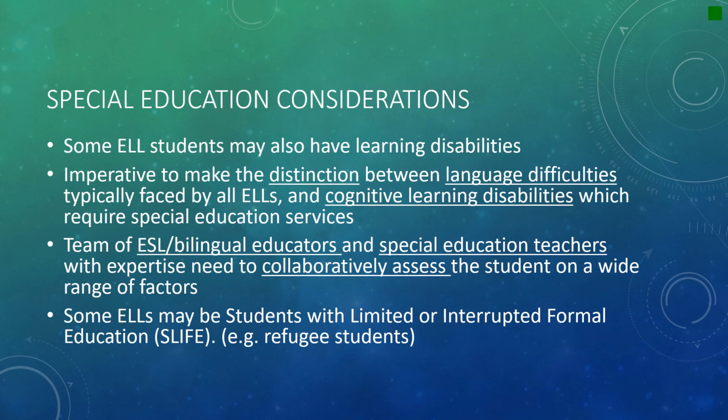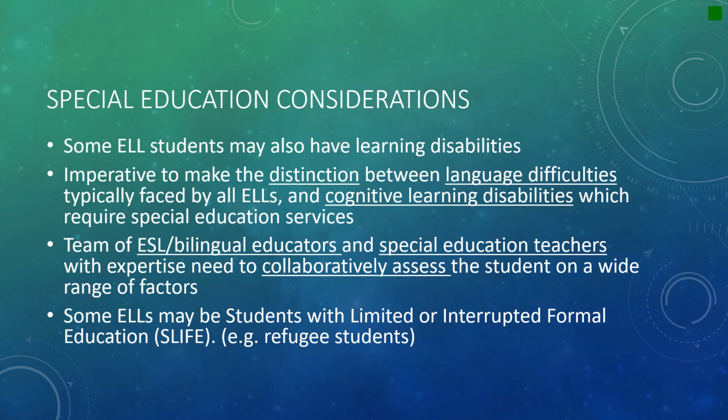Added to that complication, sometimes you may have students who have been refugees or have been in a migrant family, where the students have limited or interrupted formal education. You may hear that referred to as SLIFE in some of the research. And so those students may have huge gaps in their education.